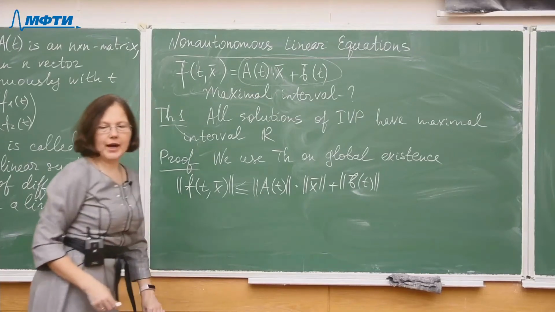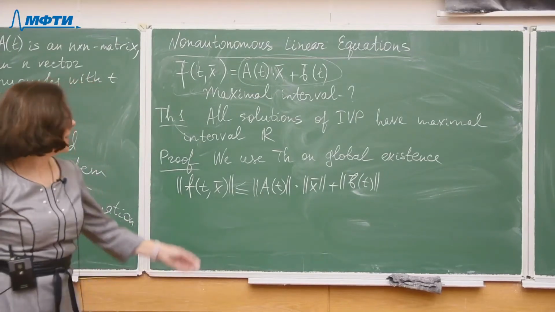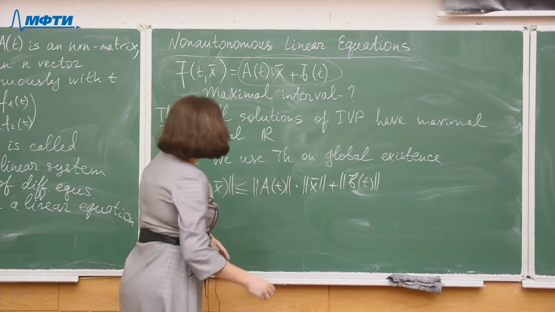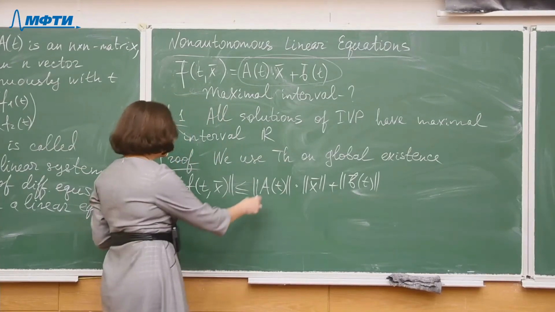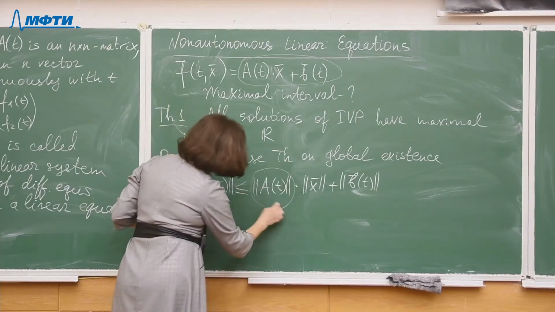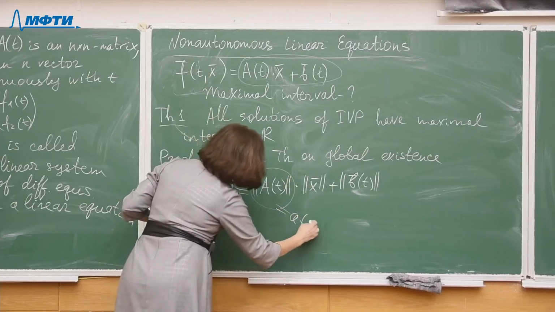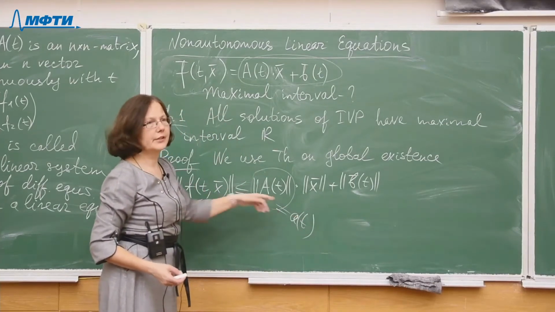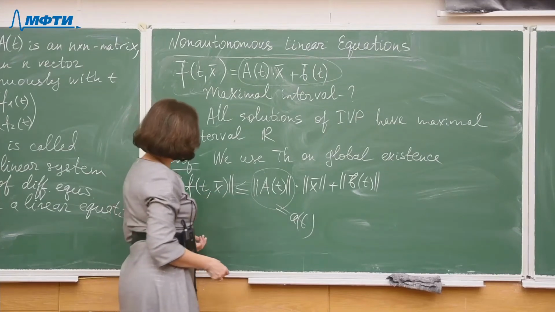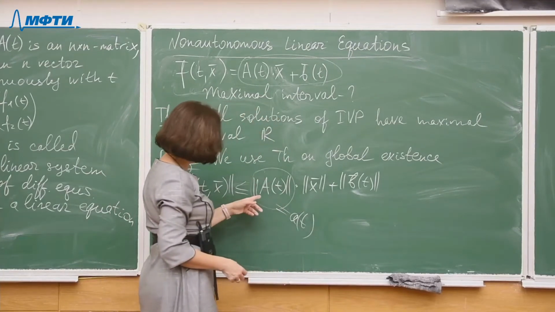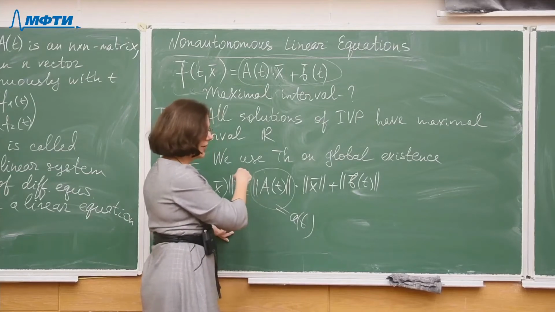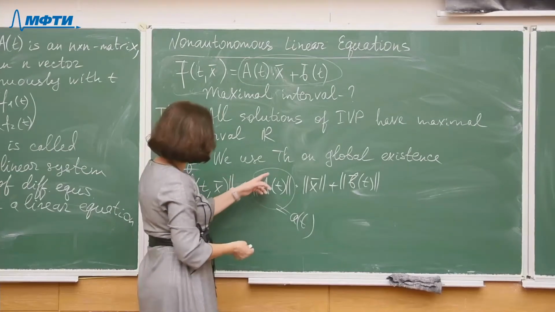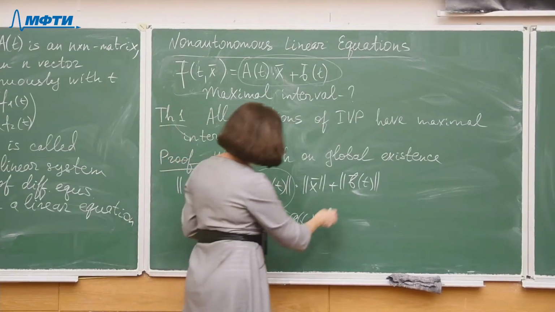And so the hypotheses of the theorem on global existence are satisfied, with A of t equal to the norm of the matrix A of t, and we can use the norm, the square root of the sum of squares of the entries, for example, right?